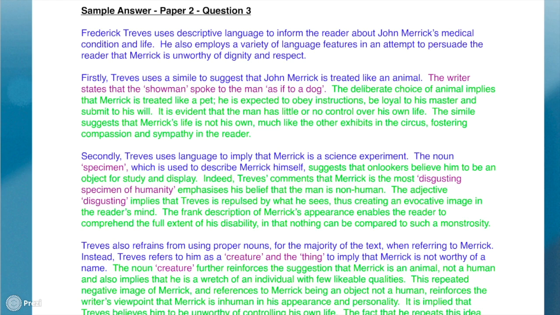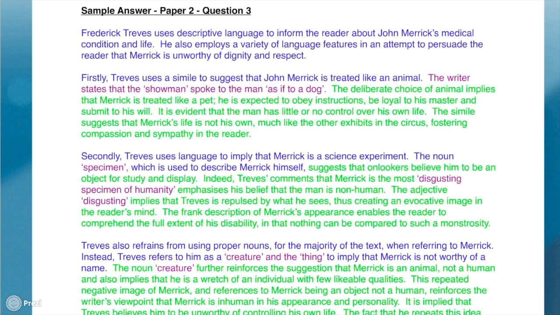He also employs a variety of language features in an attempt to persuade the reader that Merrick is unworthy of dignity and respect. So immediately what you're doing by writing a simple opening statement like that is you are telling the examiner that you understand what the intentions of the writer are. Okay, so that's a big tick in the box straight away.